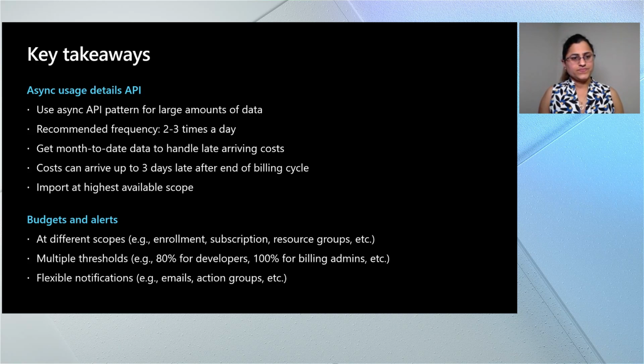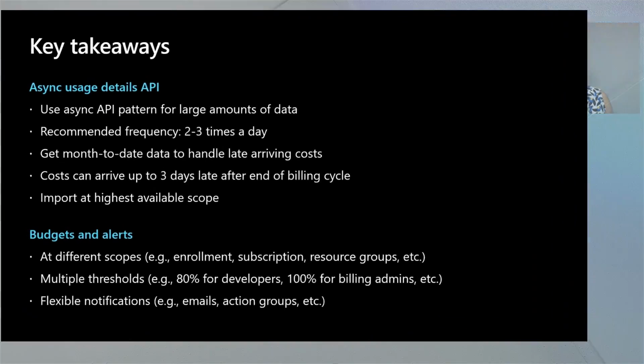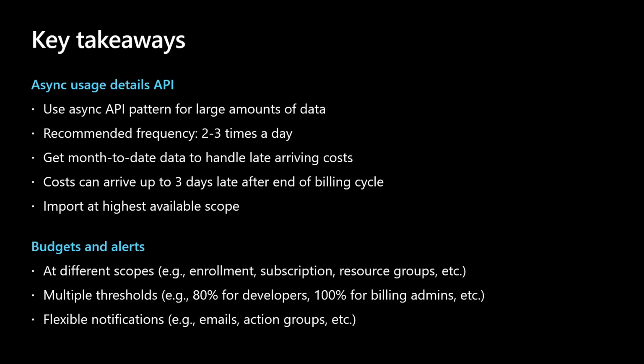Since usage details is the most granular data, for better reliability, we highly recommend you to use the async version of the API at a recommended frequency about 2 to 3 times a day. Considering the current usage flow, we recommend you to get the month-to-date data and use it as a snapshot.